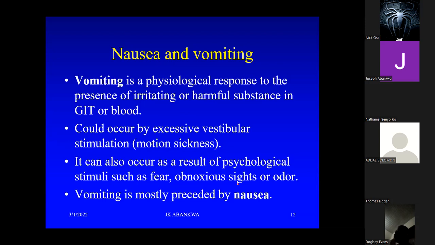So you can imagine sitting beside a trotro mate and he extends his hand to take money from the back seat passengers, and you smelling the odor from the armpits can make you vomit. So these are the psychological stimuli which can also induce vomiting, aside from motion sickness, which is caused by excessive vestibular stimulation.